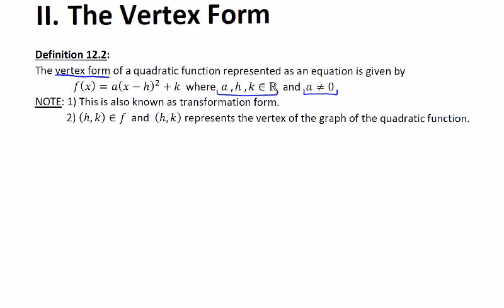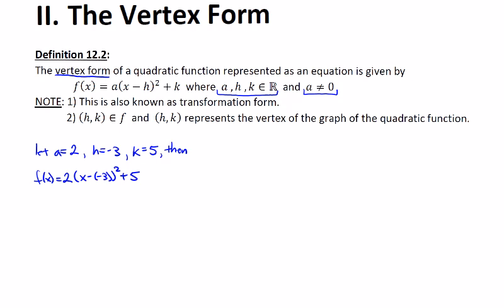So I want to create a quadratic equation using a, h, and k, and I'm going to let a be equal to 2, h be equal to, let's say, negative 3, and k is going to be equal to 5. So now I have f of x is equal to 2 times x minus negative 3 squared plus 5.